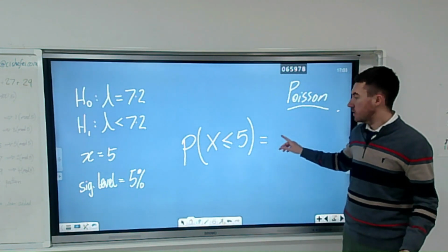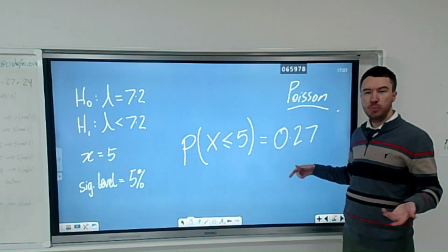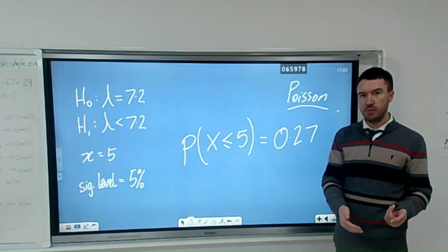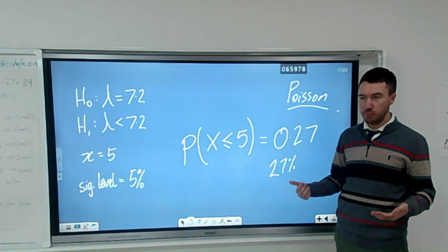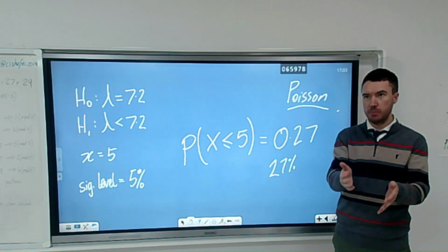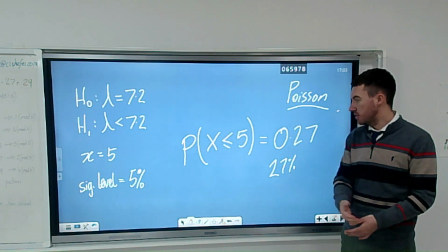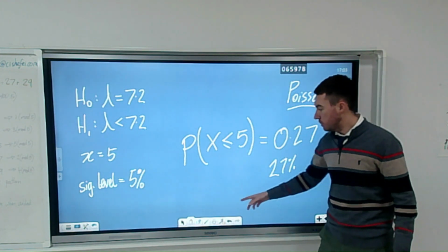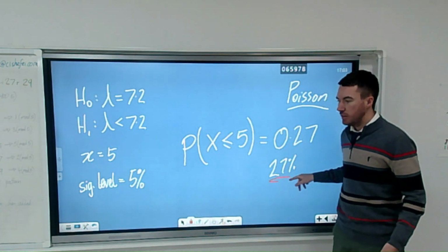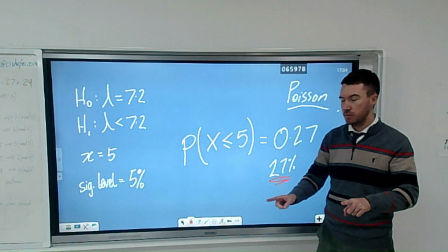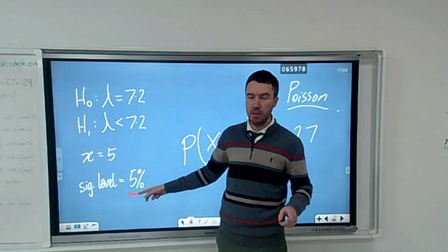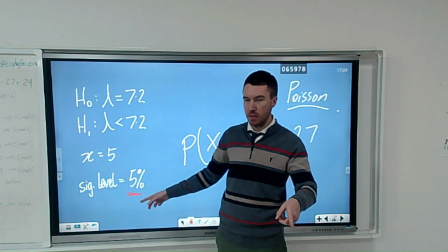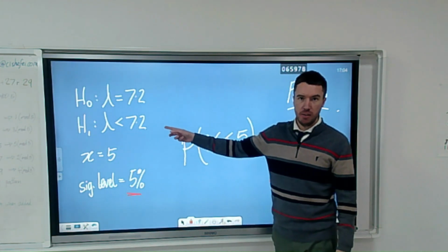Okay, and we get our answer: 0.27, which is 27%. There's a 27% chance this could happen, or something more extreme could happen. This is the p-value. And since the p-value is not lower than the significance level, it's not in the critical region, therefore we do not reject our null hypothesis.